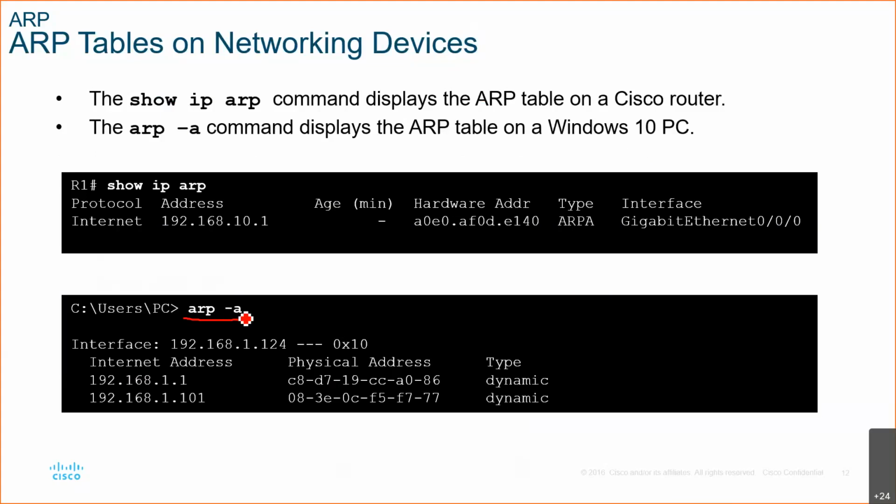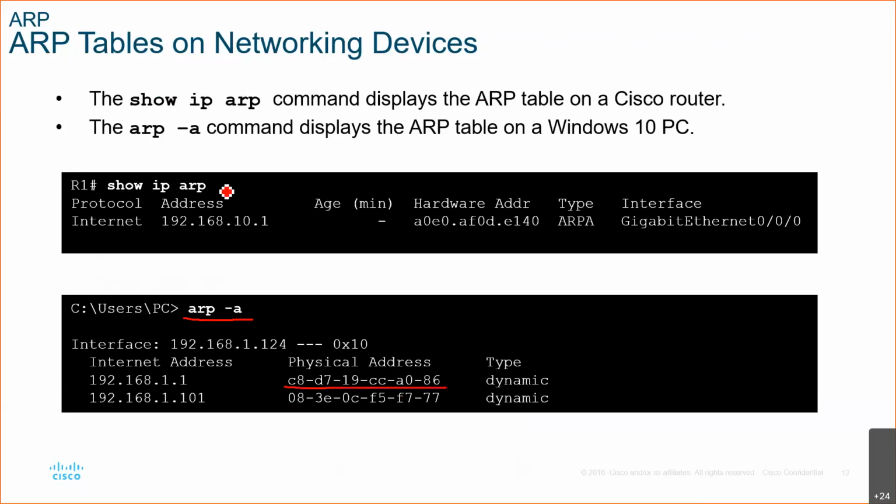ARP -a gives you your ARP table. Try it out on your computer. Right now, ARP -a gives you your internet address and its corresponding physical address of all the components on your network. You will get quite a few, whichever computers have communicated with your computer. You will get a list of all of them along with the MAC address. Try it out. You can see what I'm talking about.